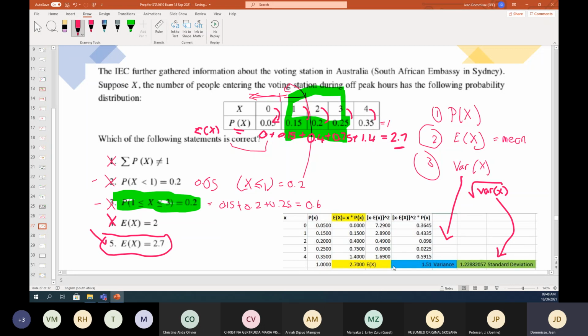The Excel formula made it just so much simpler, because to again do this by hand to get to the variance, we needed to say basically 0 minus 2.7 to the power of 2 times the probability, plus the next one the same ritual, plus the next one, plus the next one, plus the next one, which makes it a very long calculation if you want to do it on paper or even by calculator.